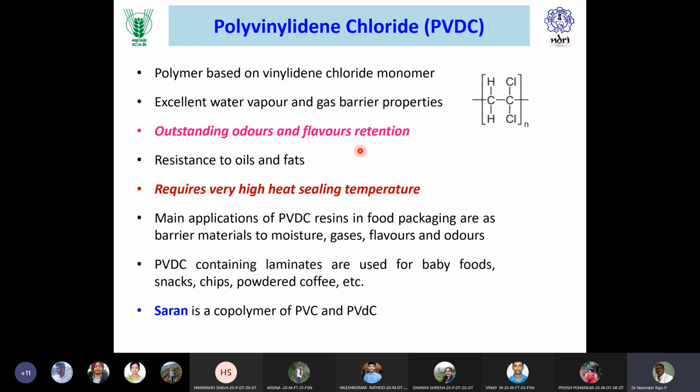Its melting point is anywhere between 380 to 400 degrees centigrade, and hence it is always used in the form of a copolymer with polyvinyl chloride. And when the percentage of polyvinyl chloride is increased, the melting point and several other properties decrease, including the odor and flavor retention property. That means odor and flavor barrier properties also decrease when the PVC content in the copolymer increases.